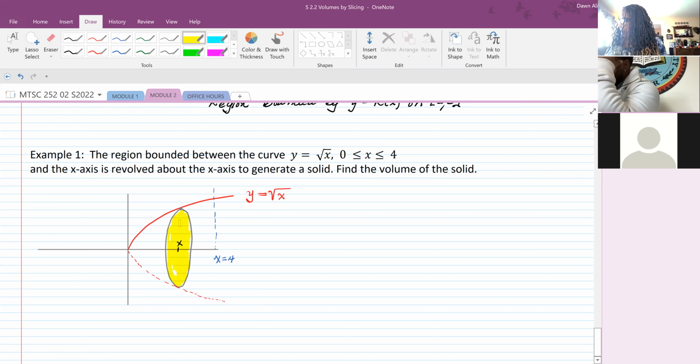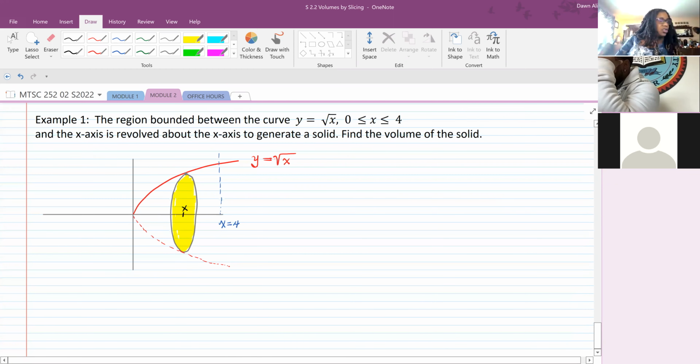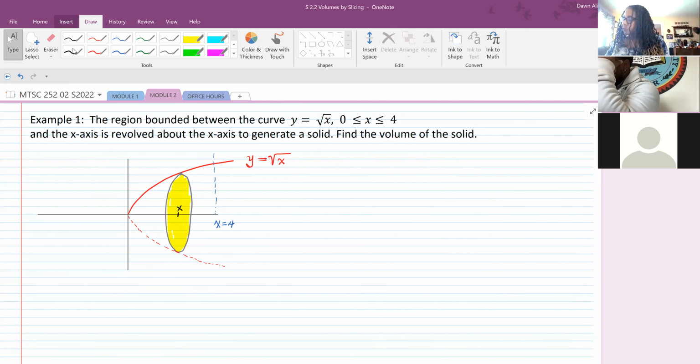So now you can see that the disk starts at x equals 0 over here, because the smallest disk would be over here where x is close to 0. And then the biggest disk would be back over here.